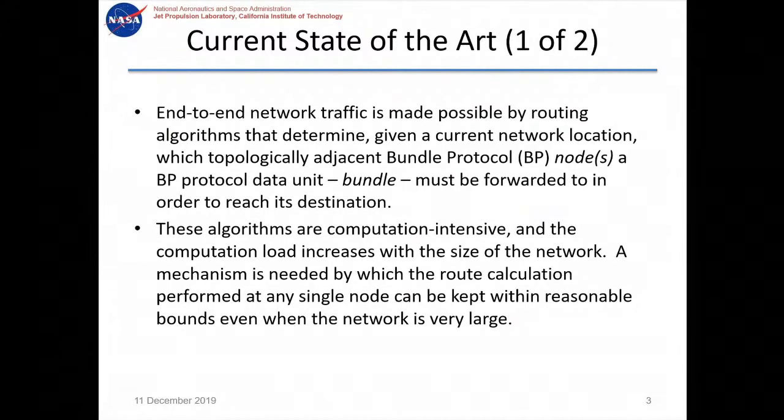It's a lot of Dijkstra searches and so forth. It works fine, but for extremely large contact plans, the search time can be very long, and at some point it becomes untenable. So we need a mechanism by which the route calculation that you do at any single node is within some reasonable bounds, and that mechanism doesn't exist yet, and that's part of what I'll be talking about here.